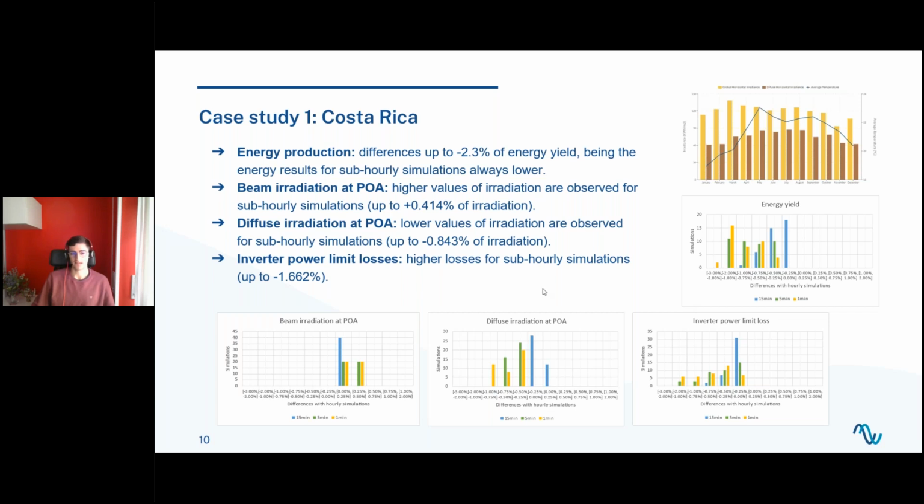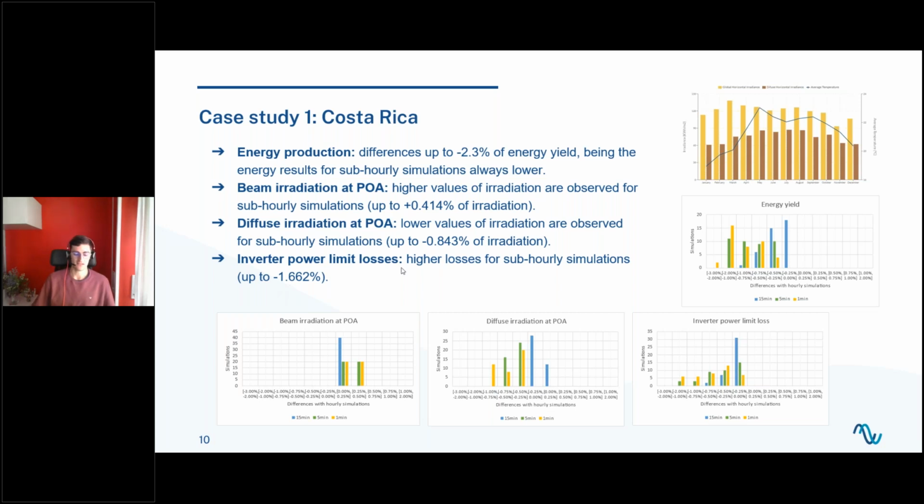And also for the battery energy storage systems, as I mentioned, this can be even more critical, because here we are accounting for a change maybe from 2% of clipping losses for one meteorological data to 3.5% or something, which is maybe double the losses that we have for the inverter power limit losses.